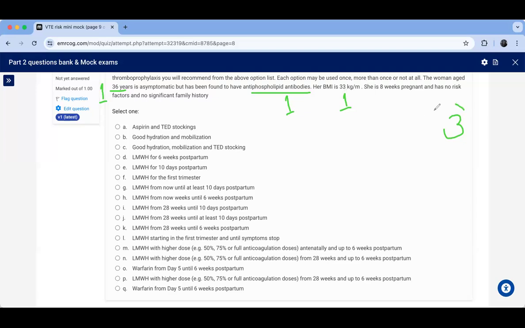So the total score is 3, and 3 equals low molecular weight heparin from 28 weeks until 6 weeks postpartum, right? Yes, okay, and the option is here: low molecular weight heparin from 28 weeks until 6 weeks postpartum. So see how easy it is? It's very easy, right?